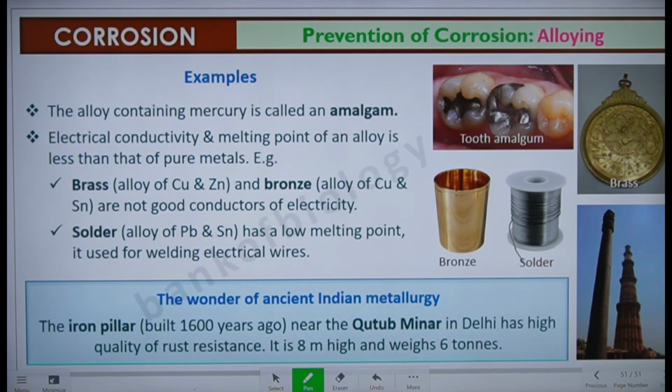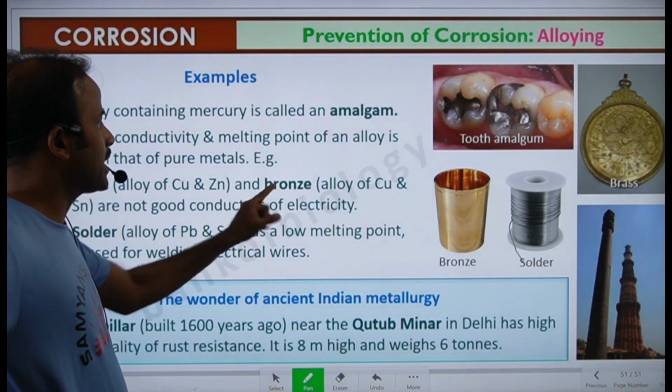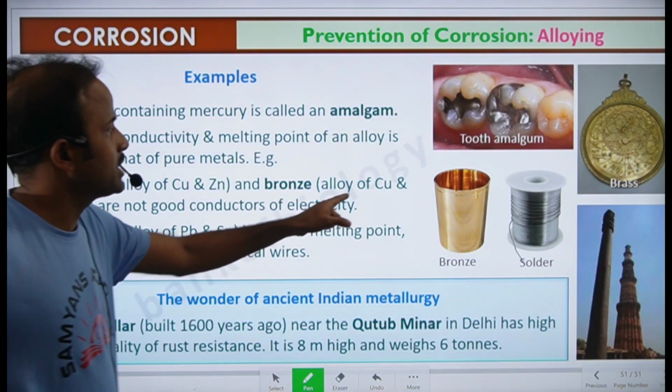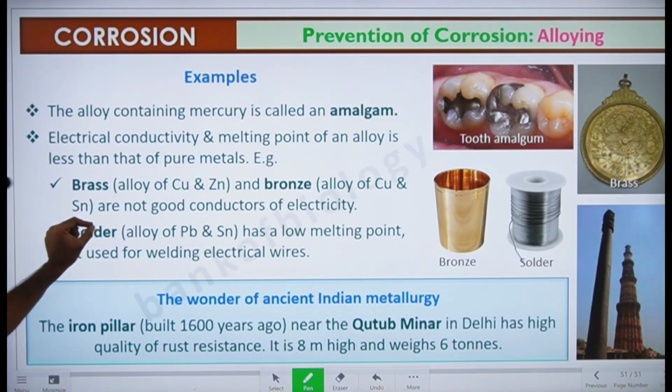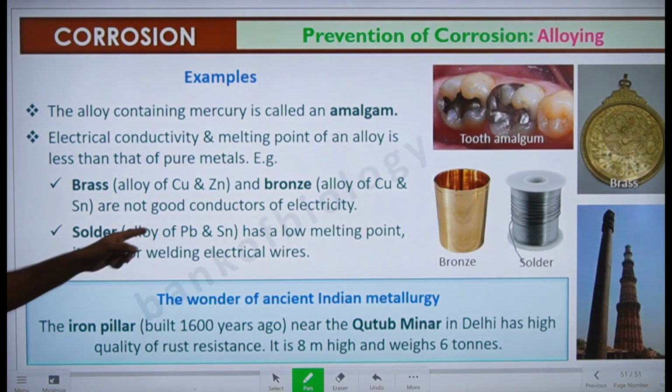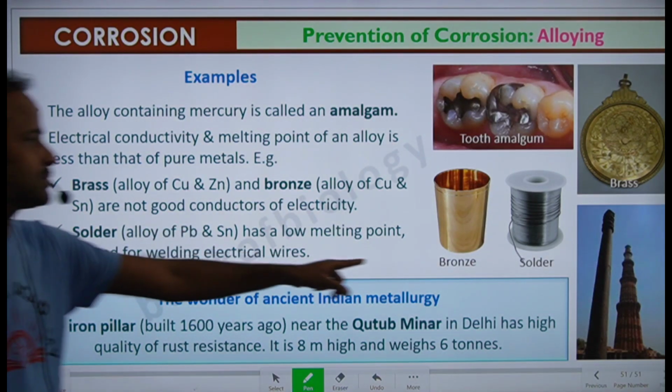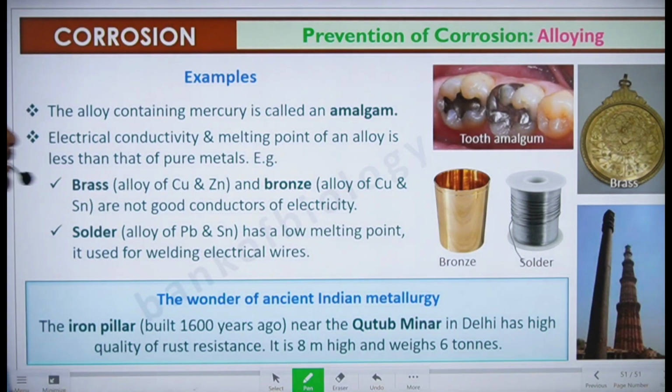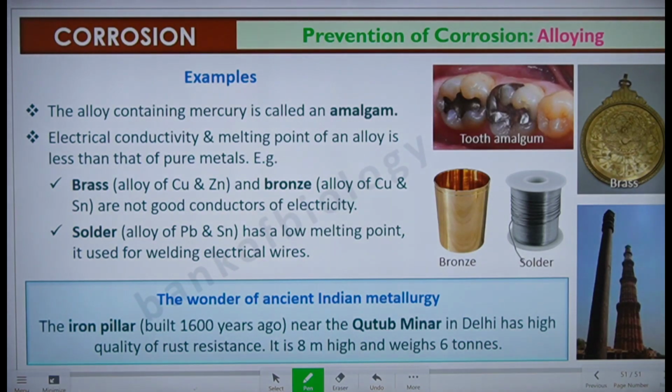For example, brass is a combination of two metals, that is copper and zinc. Bronze is a combination of two metals, that is copper and tin. These are not good conductors of electricity, right? Solder is an alloy of lead and tin, and it has a low melting point. It is used for welding electrical wires.